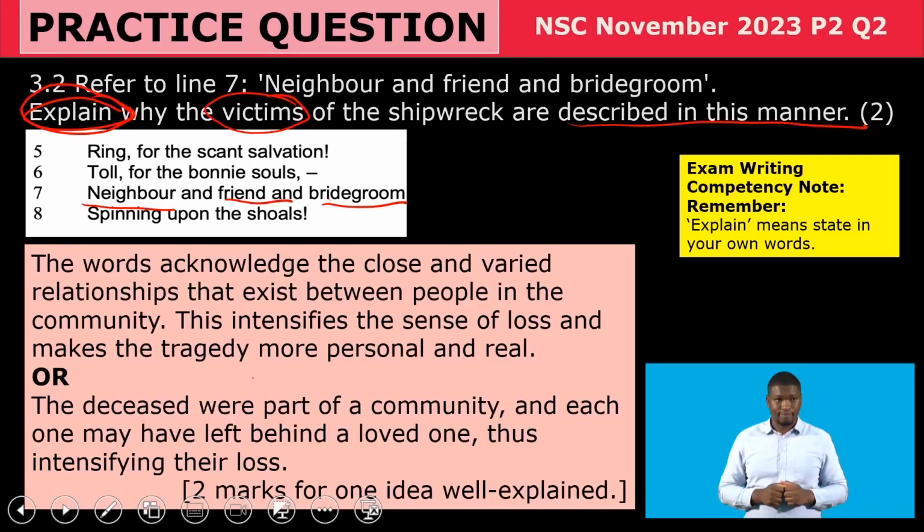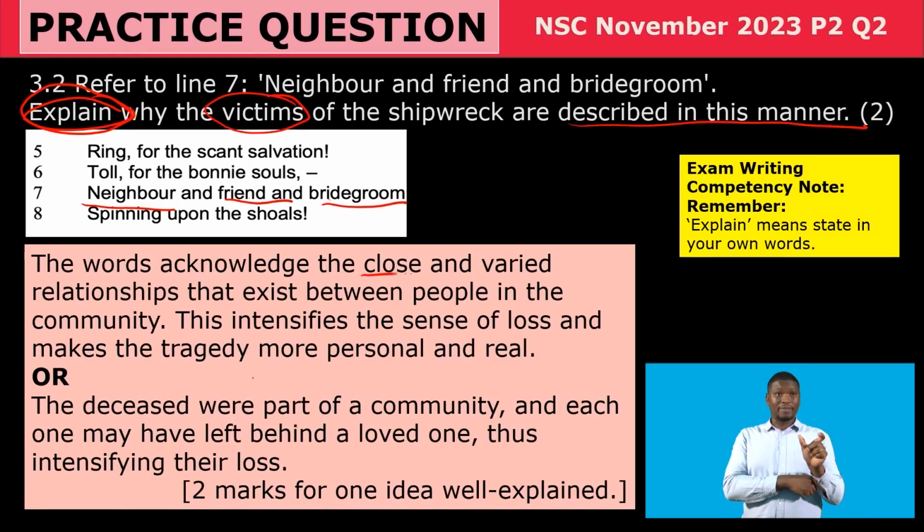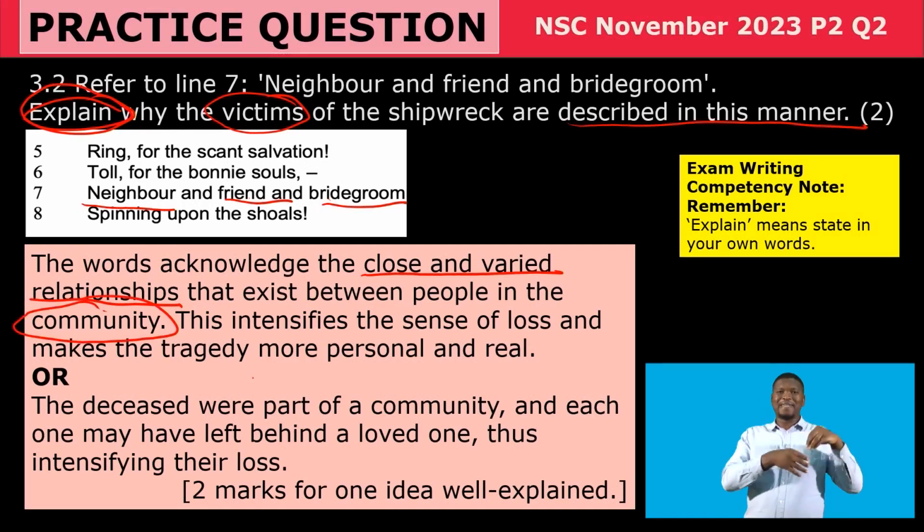So, the words acknowledge the close and varied relationships which we just identified by looking at the words that exist between people within the community. This intensifies the sense of loss. Because these people were so close and had such good relationships, it makes it incredibly sad when we hear that they tragically died.